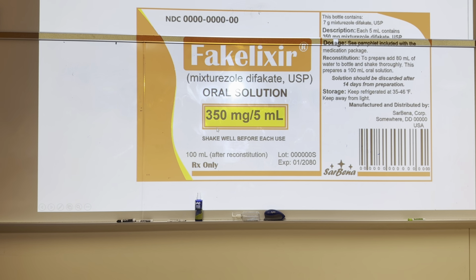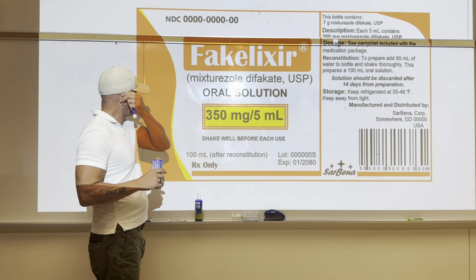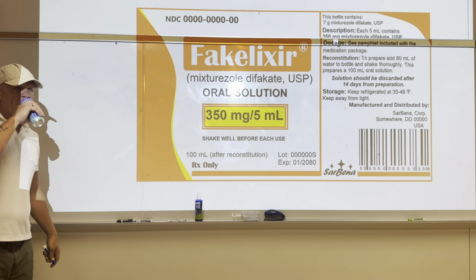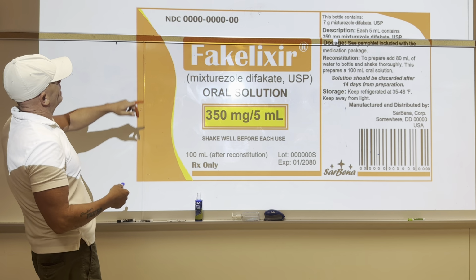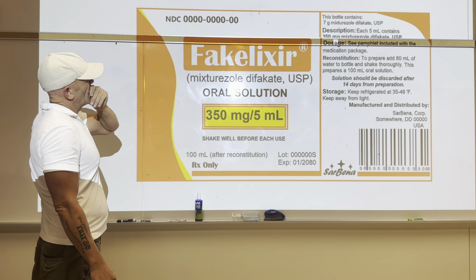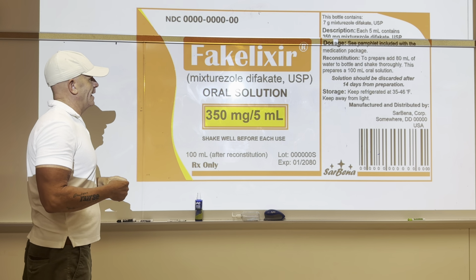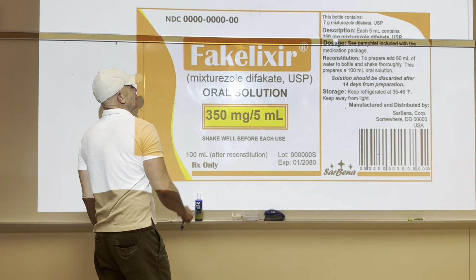All right. Here we have mixturazole. This is a fungal medication. The elixir solution is given orally, 0.5 grams QID. All right. So you have grams and milligrams. What are we going to do?